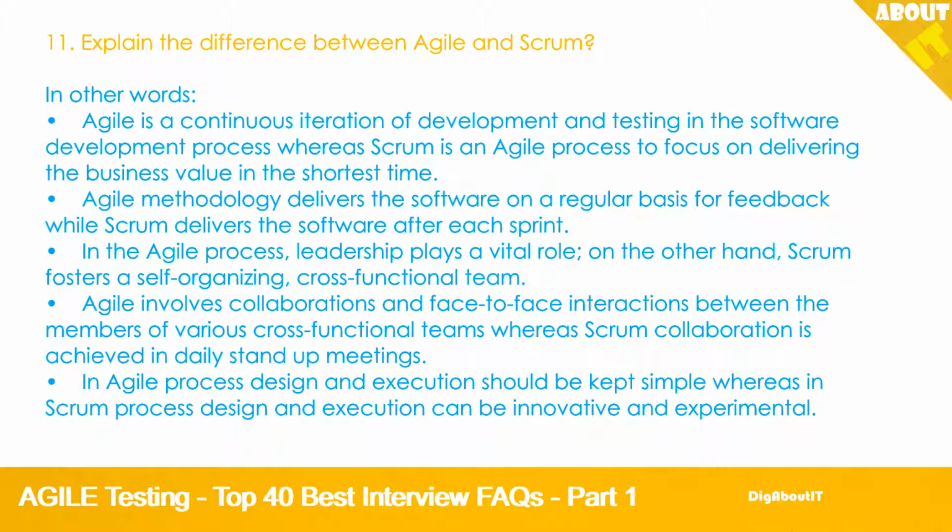On the other hand, Scrum fosters a self-organizing, cross-functional team. Agile involves collaboration and face-to-face interactions between the members of various cross-functional teams, whereas Scrum collaboration is achieved in daily stand-up meetings. In Agile, process design and execution should be kept simple, whereas in Scrum, process design and execution can be innovative and experimental.